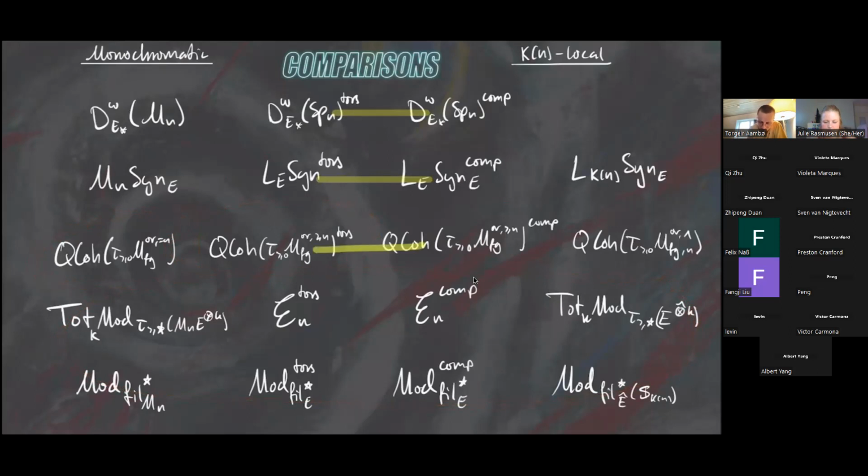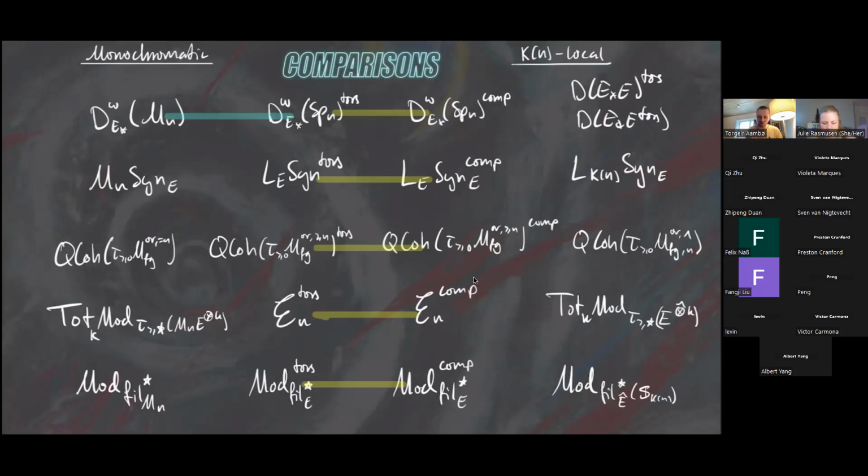Now this yellow means that these are equivalent using local duality. And then we have a bunch of more hypothetical things. In some sort of way, as I just mentioned, you have an equivalence between E star E torsion and the E star E torsion, so I can pull the torsion inside.